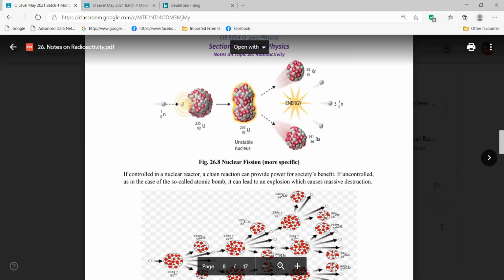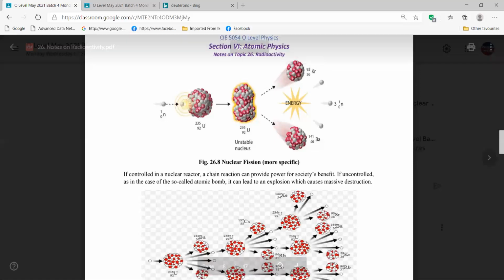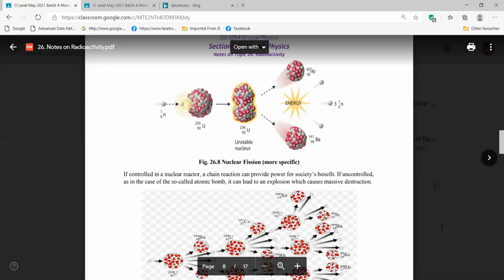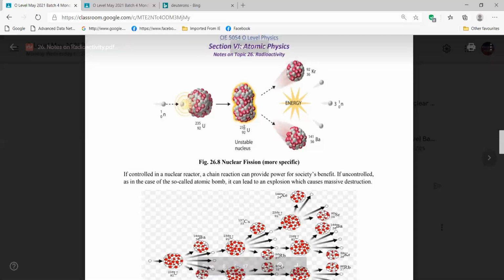Okay, look, you see here krypton 92 and barium 141. So 141 and 92, how much is it? It is 233. We have here 236, right?